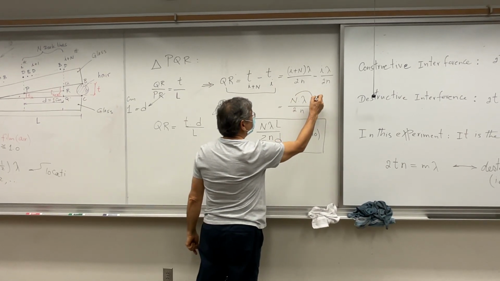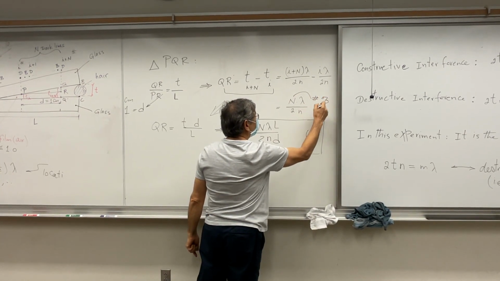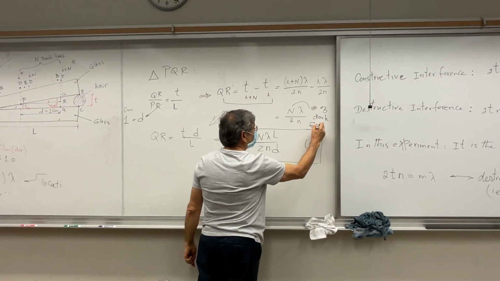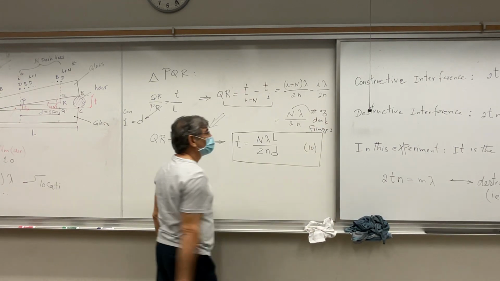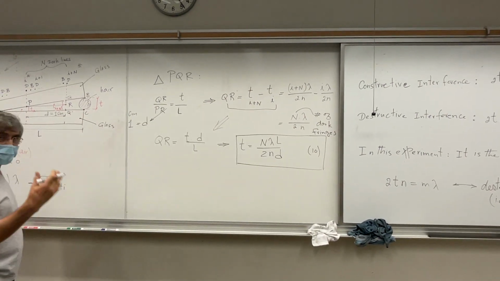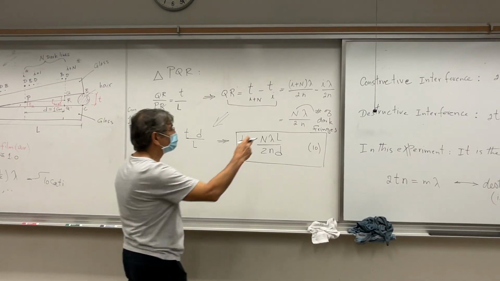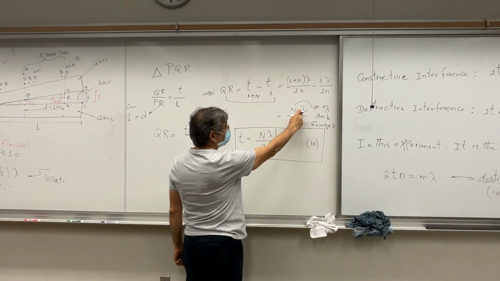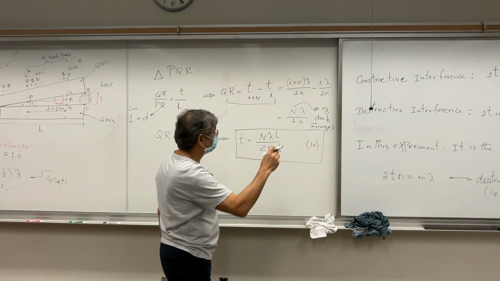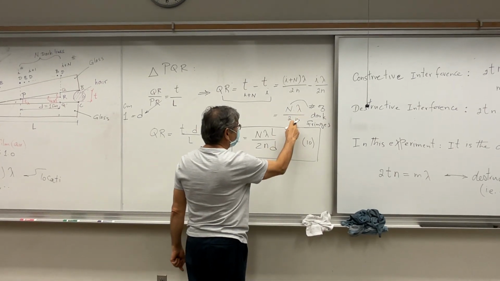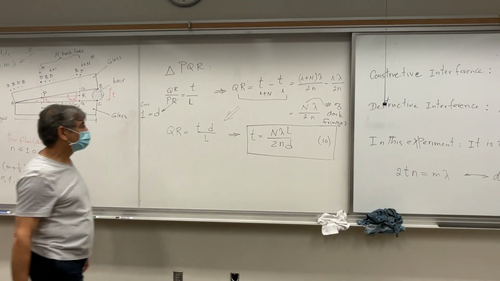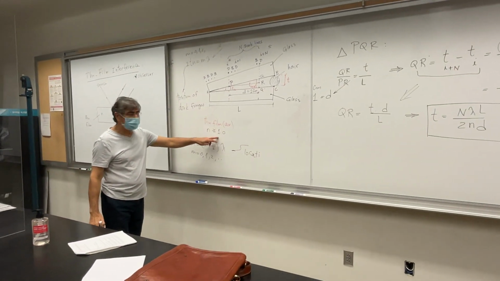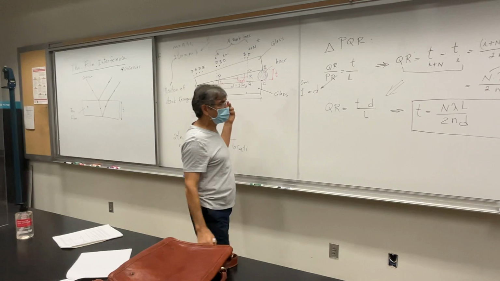N is the number of dark fringes or lines. We count them. That's part of our measurement. Lambda is the wavelength of the laser that I'm going to give to you. And n is the index of refraction of the thin film, which is 1, because it's air.